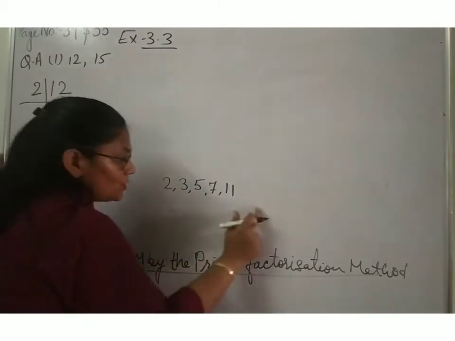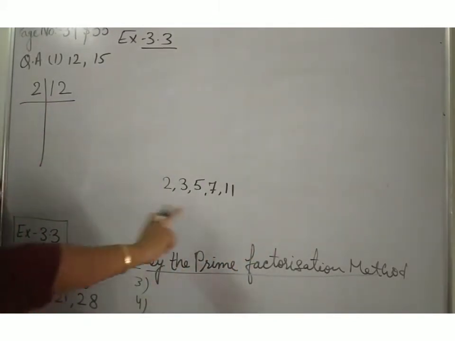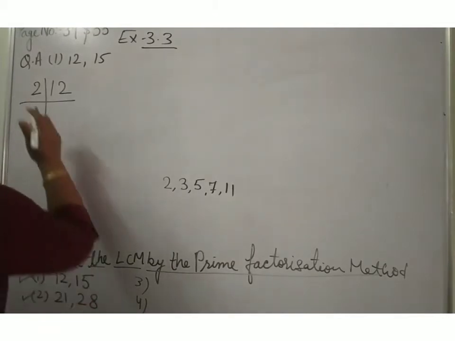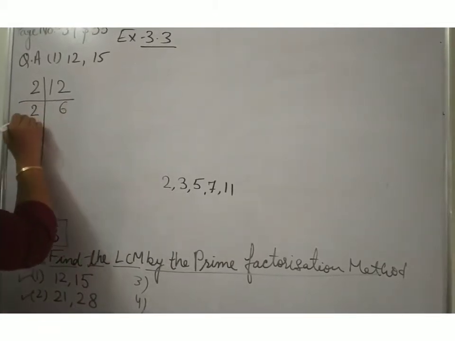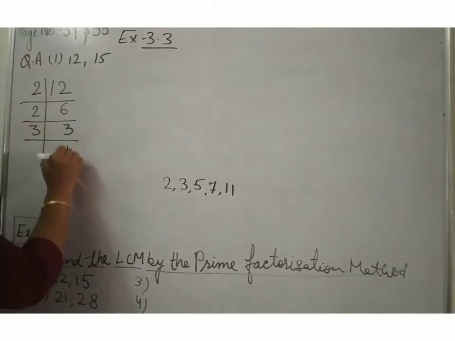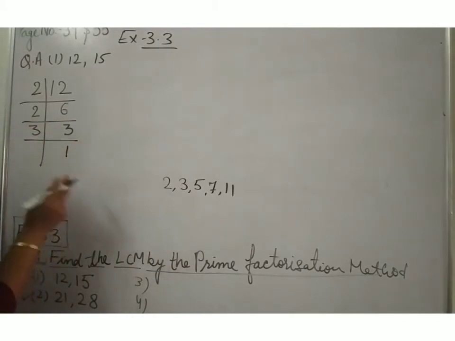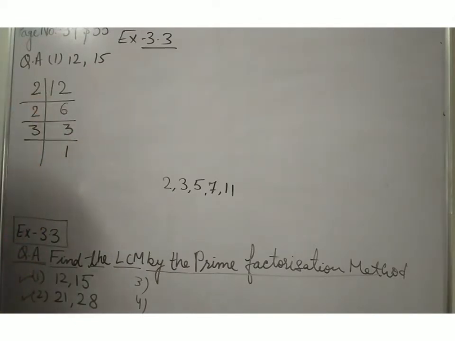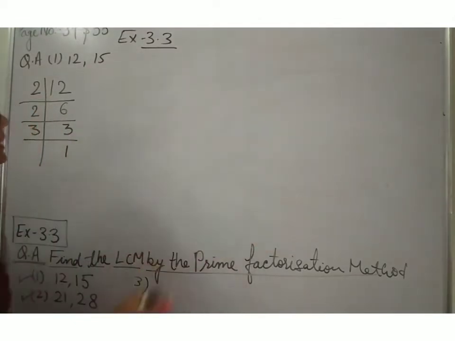Try to divide the given number by these starting prime numbers. Clear, children? So 2 sixes are 12, then 2 threes are 6, and then 3 ones are 3. I can cross check it: 1 three is 3, 3 twos are 6, 6 twos are 12. So I have divided it correctly.